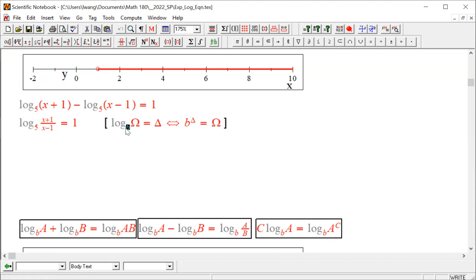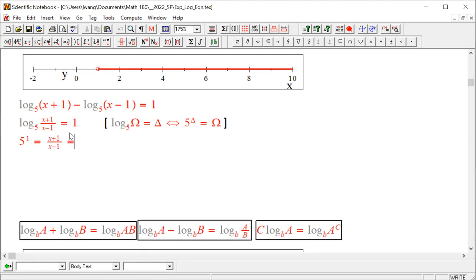So here we have a base 5, omega is this quotient, and triangle is 1. So we're going to have 5 raised to the power 1 equals x plus 1 over x minus 1.